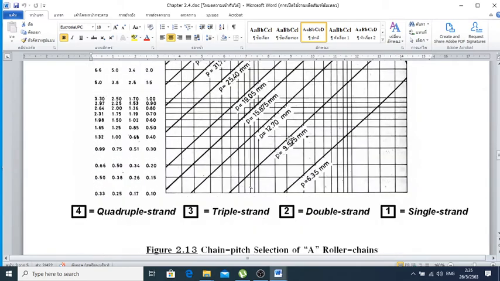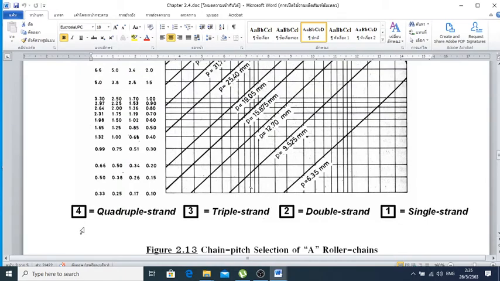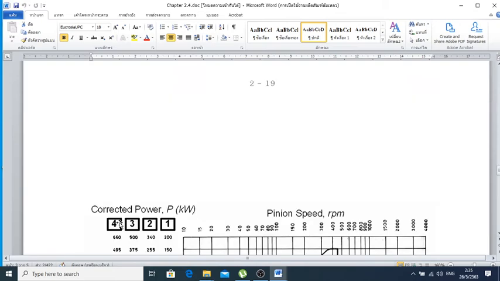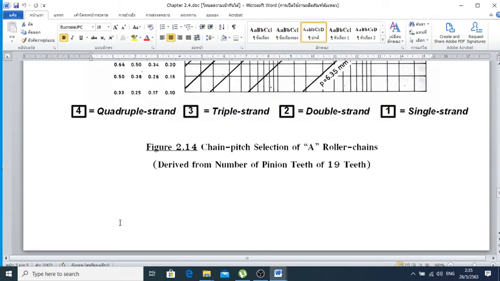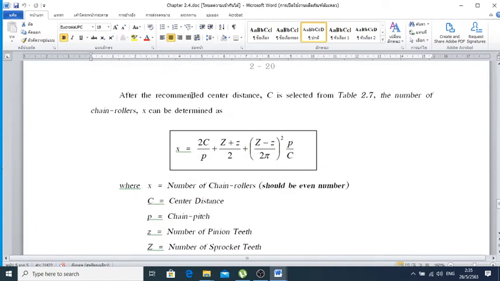And then for the small number of teeth of the roller chains, we have 4 strands for the selection of that. And then for the American system, again in 2.14, we have 4 strands again, and then the number of chain rollers.